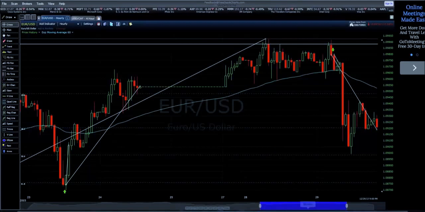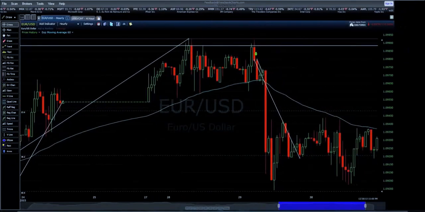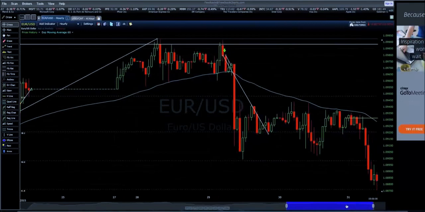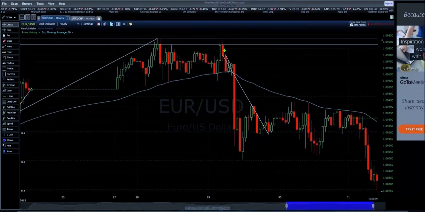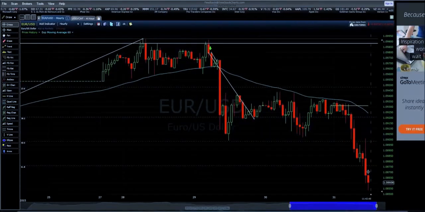Now, let's see what's happening here. Price here almost retraced to the 50, but we're not looking at the 50, we're looking at the 61.8. Here, price touched the 61.8, and then came back down.